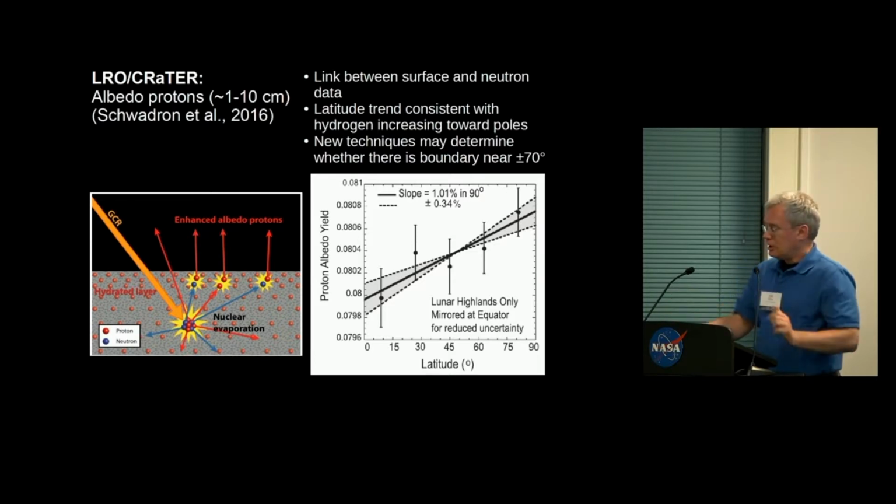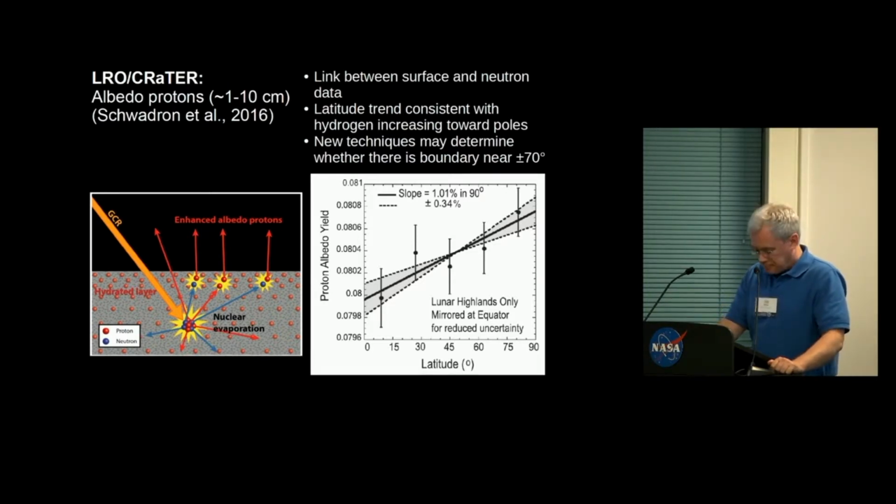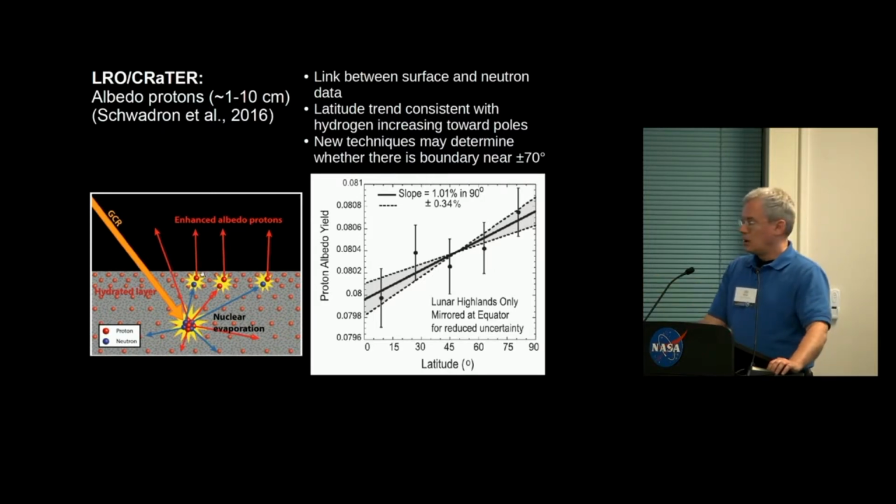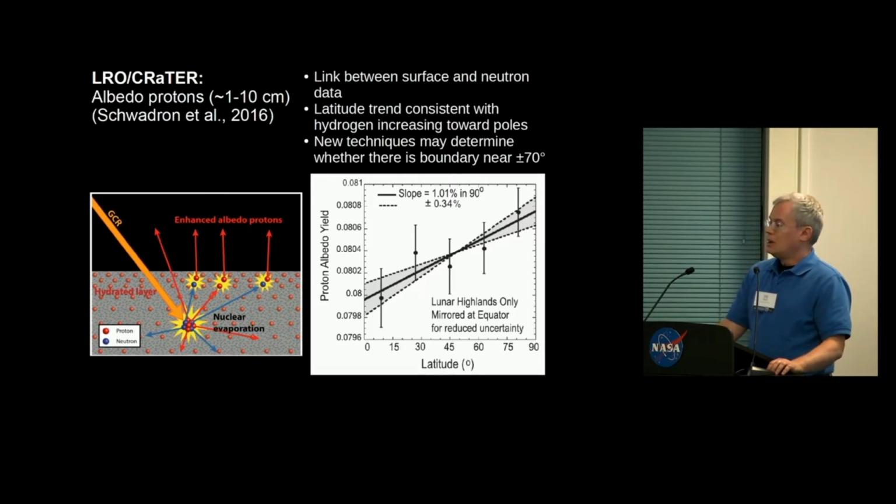Now, finally, let's look at Crater, our instrument. We look at very high energy albedo protons, and the idea is that albedo protons are sort of the flip side of the coin with what you see in neutrons. So when you have cosmic rays impacting the lunar regolith, breaking apart heavy atomic nuclei, secondary neutrons are propagating up, and if they encounter a layer of hydration near the surface, the neutrons will hit a proton.